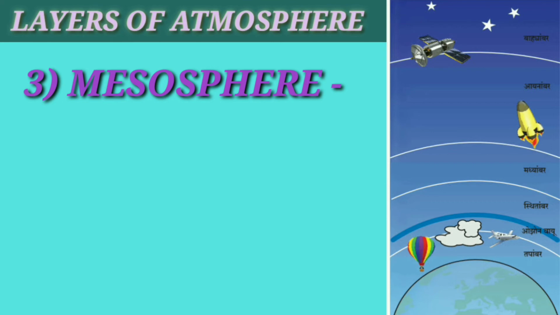Mesosphere extends up to 80 km from the Earth's surface. It means that mesosphere is present from stratosphere up to 50 to 80 km. The belt of mesosphere is of about 30 km.